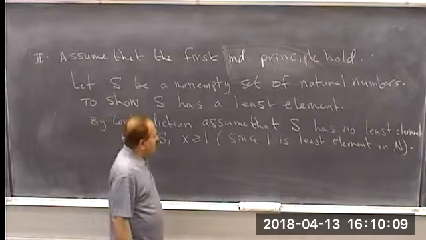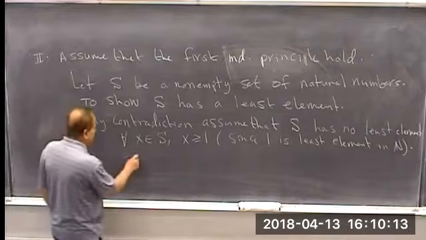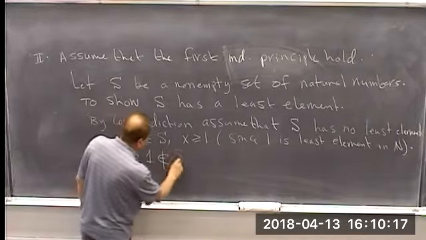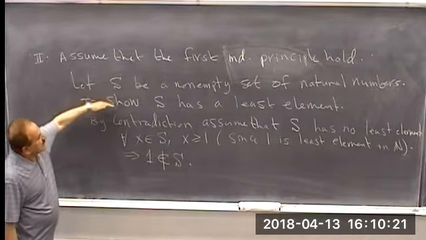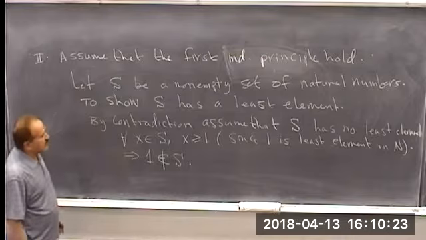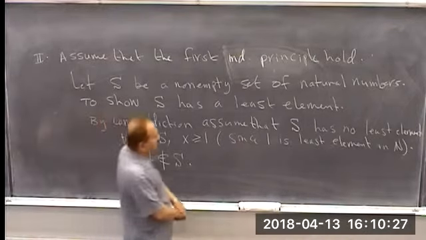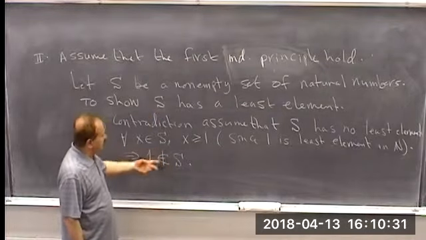Now, what does this mean? This means that 1 cannot be in S. Because by assumption S has no least element, and since 1 is the least element of the whole set of natural numbers, if it existed in S it would be a least element.